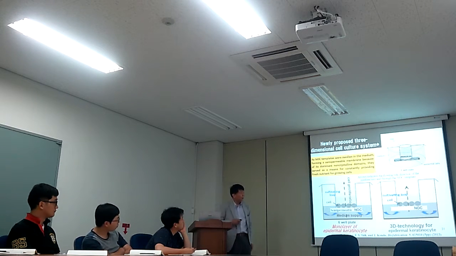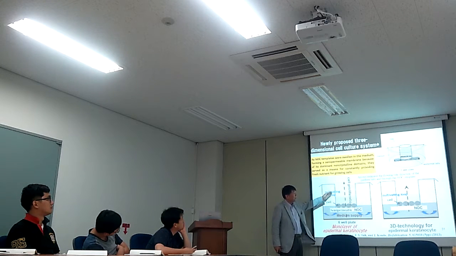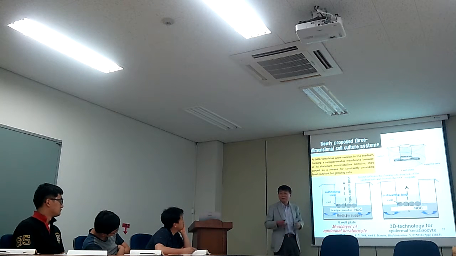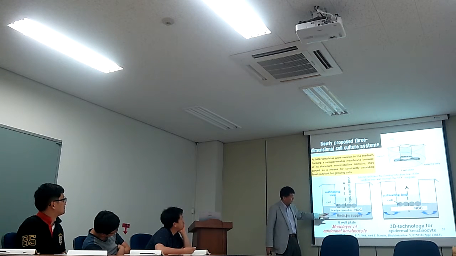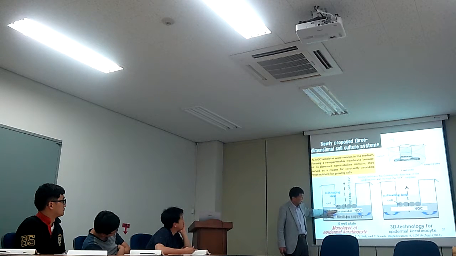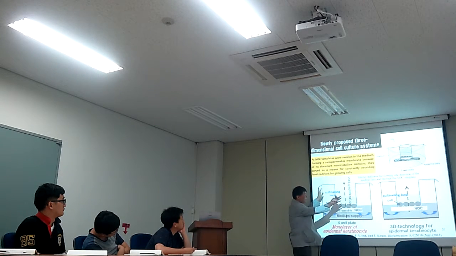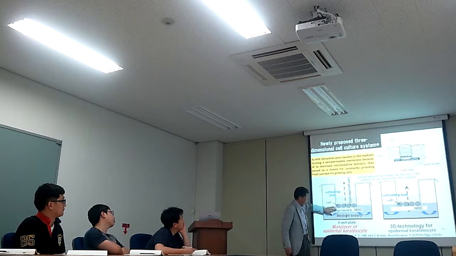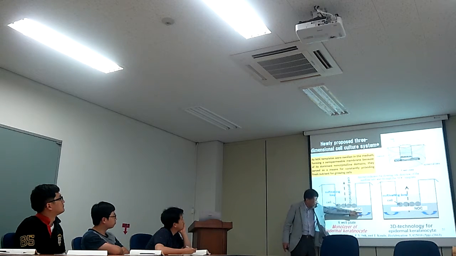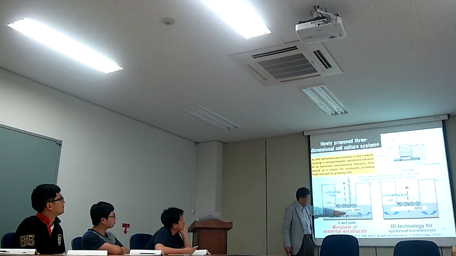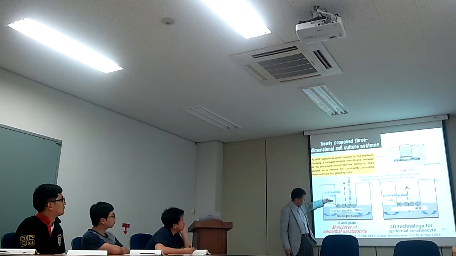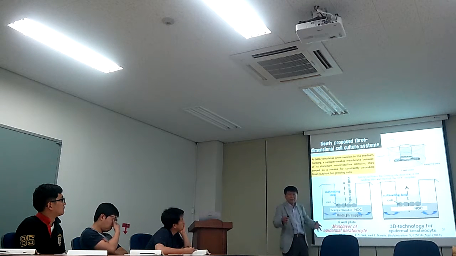Other things, we also try to have a three-dimensional culture of epidermal cells. Epidermal cells are skin cells. We put that template at the bottom. This is a cross-section image. Inside of the container, we put another container. At the bottom, we put that template, and in the outer area, we put the culture media.